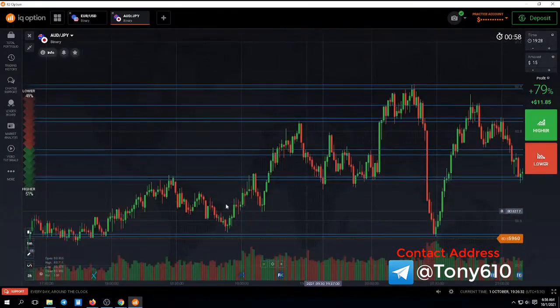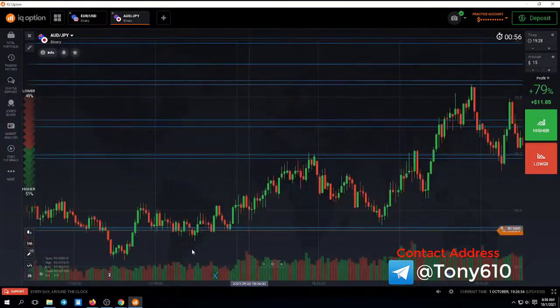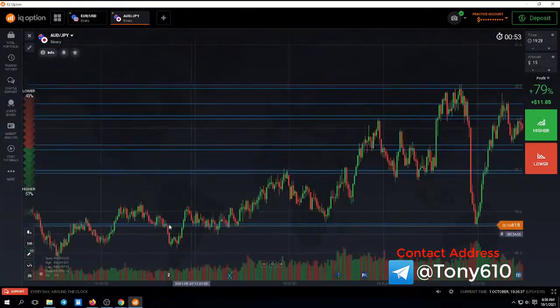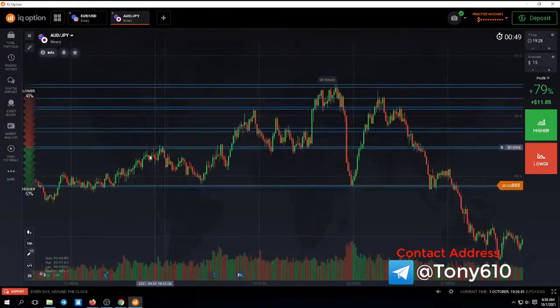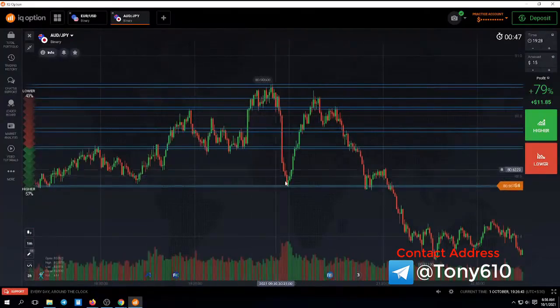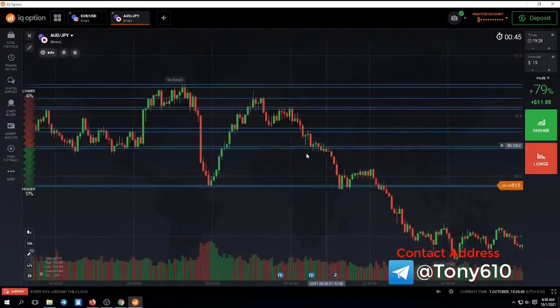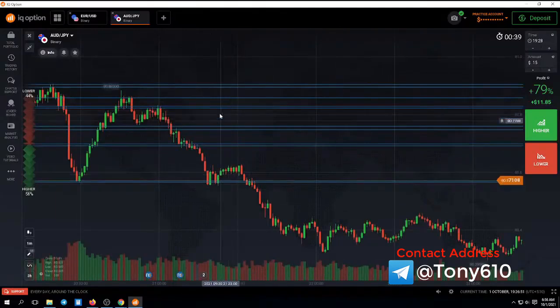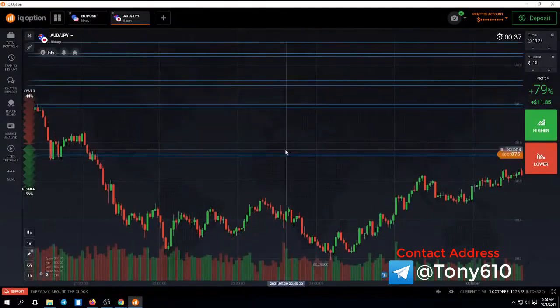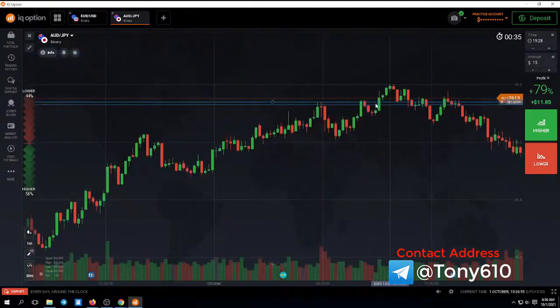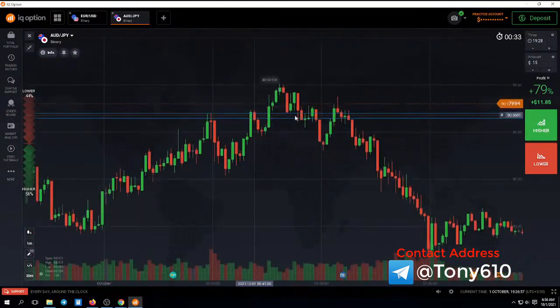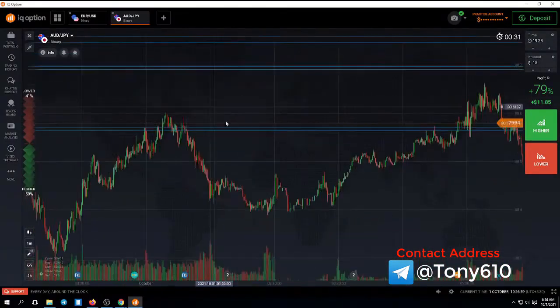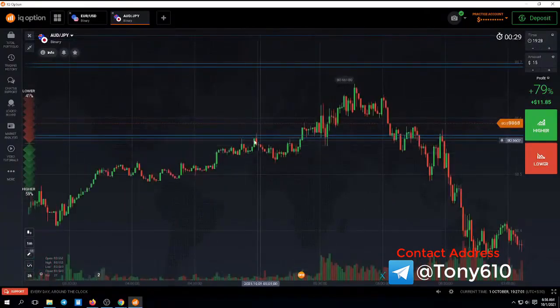We can see at these levels the market reversed, reversed here, here, here. These three levels reversed, in all levels it reversed. If you go to the next, here is a good reverse. This is working very well.